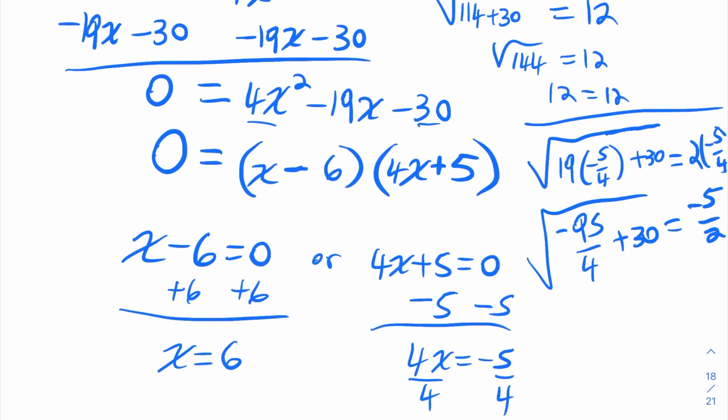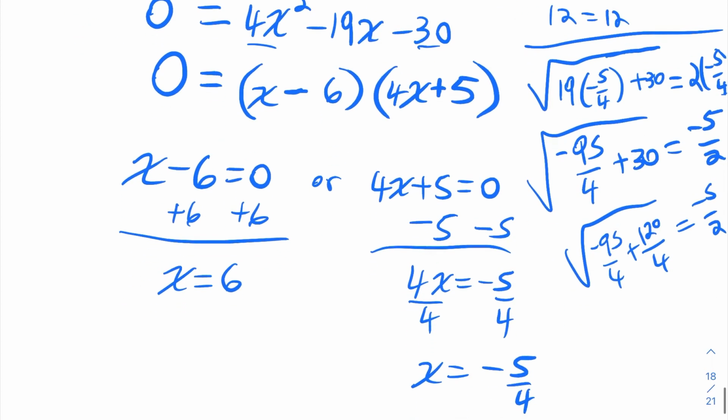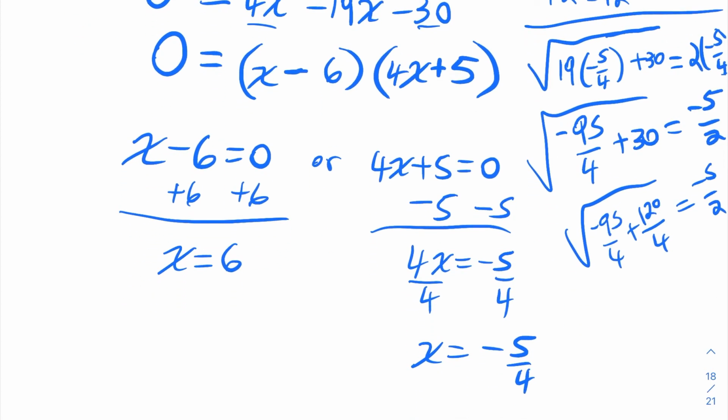And then let's see, we're going to take that negative 95, and 30 over 1 is actually 120 over 4. So this is the square root of negative 95 over 4 plus 120 over 4. And we're saying that's equal to negative 5 over 2. Alright, let's see. So 120 minus 95 is 25.